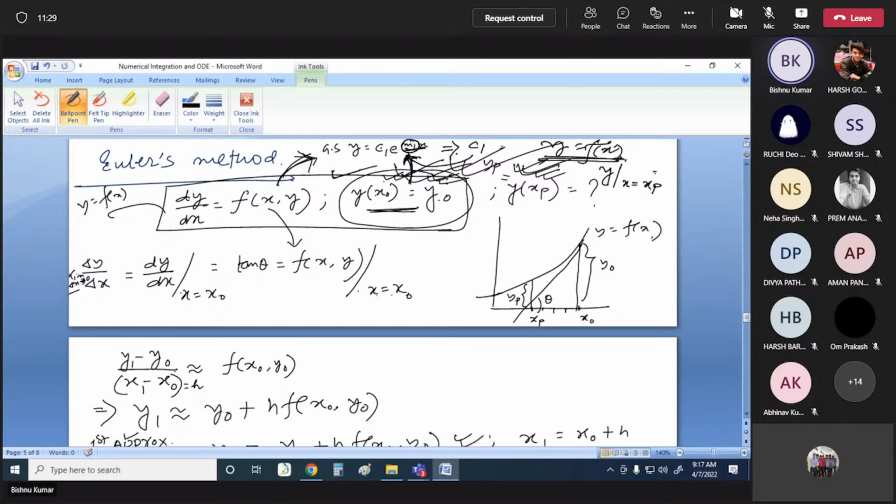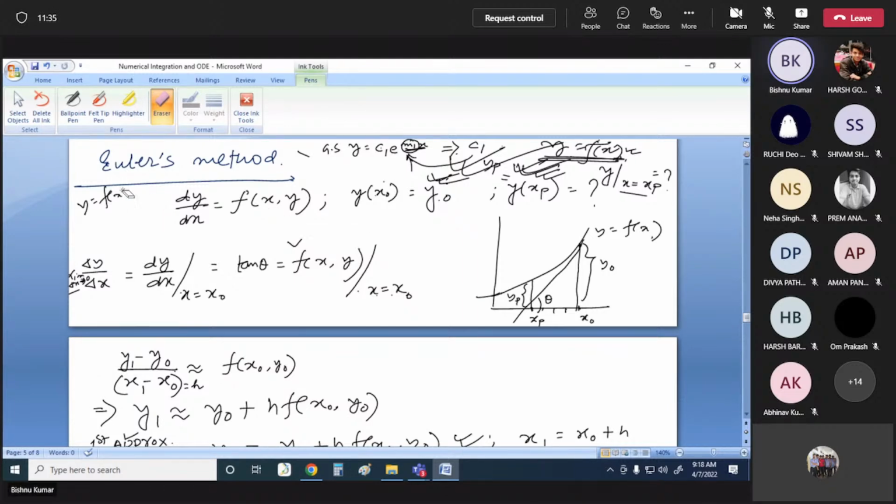You have a first order differential equation that looks like this, along with an initial condition given. For this differential equation you will get infinitely many solutions. In that infinite solution structure, you put this initial condition and you will get a particular y equals f(x) curve. In that curve, you have to calculate the value of y at some other point, x equals xp. So this information is nothing but a single curve, the particular solution.